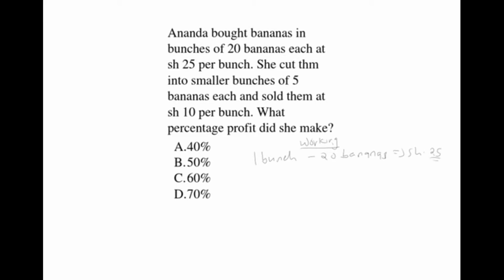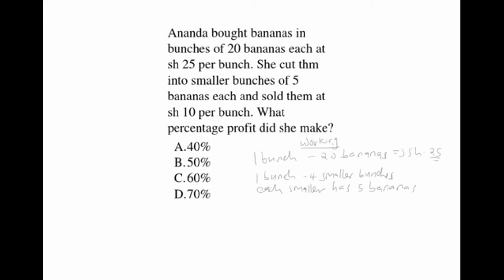Then each batch produces other 4 smaller batches. So each smaller batch has 5 bananas.